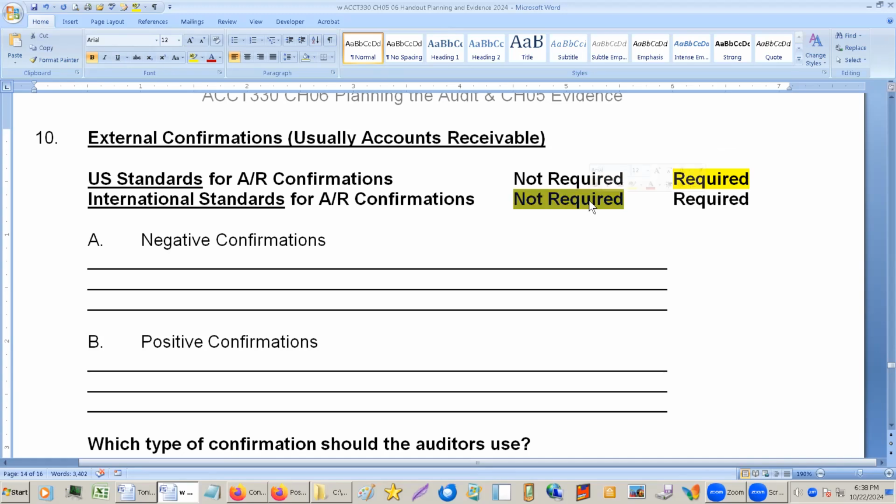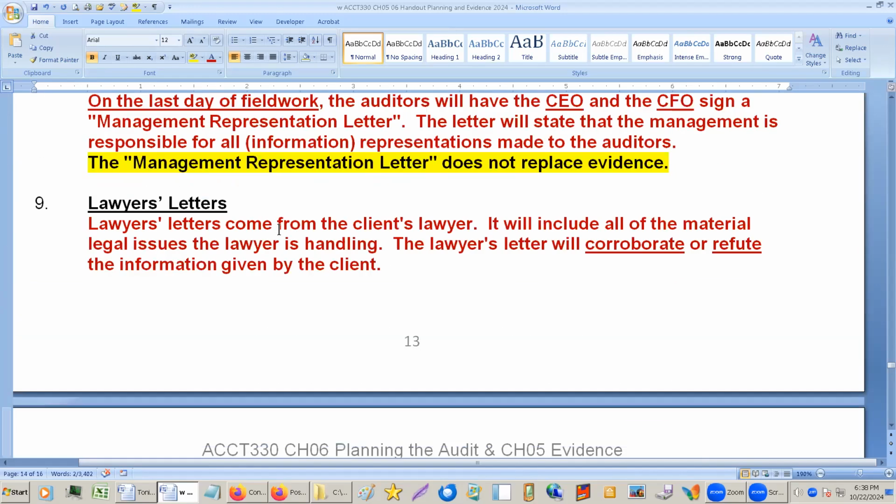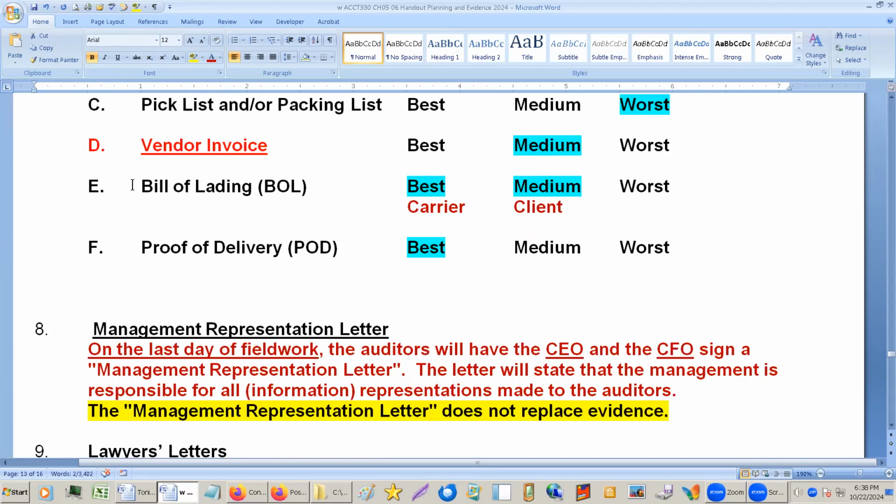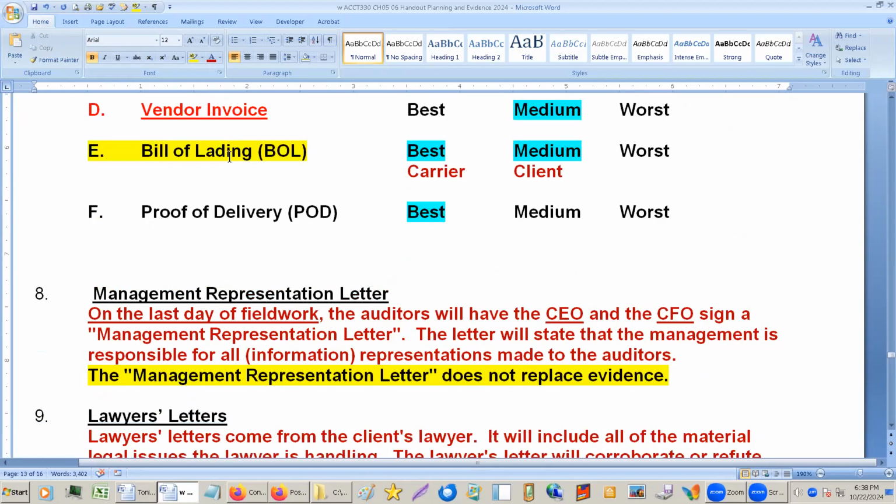That doesn't mean you don't have to get evidence. It just means that you have a choice of how to get evidence. So for instance, you may look at the bills of lading or the proofs of delivery. You may use this instead of getting confirmations from the client's customers.